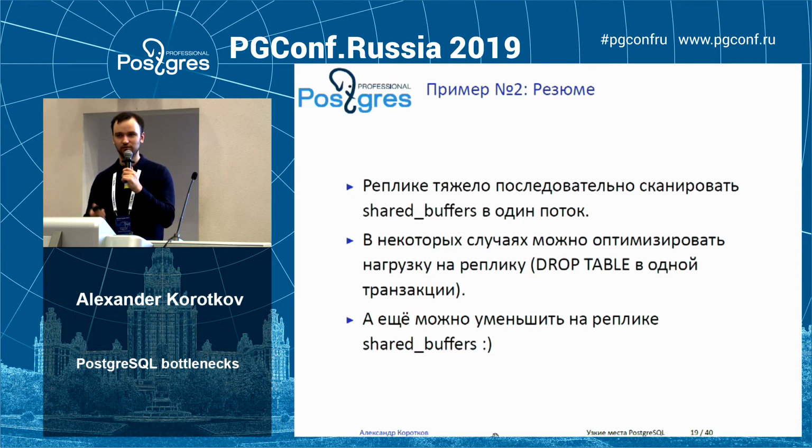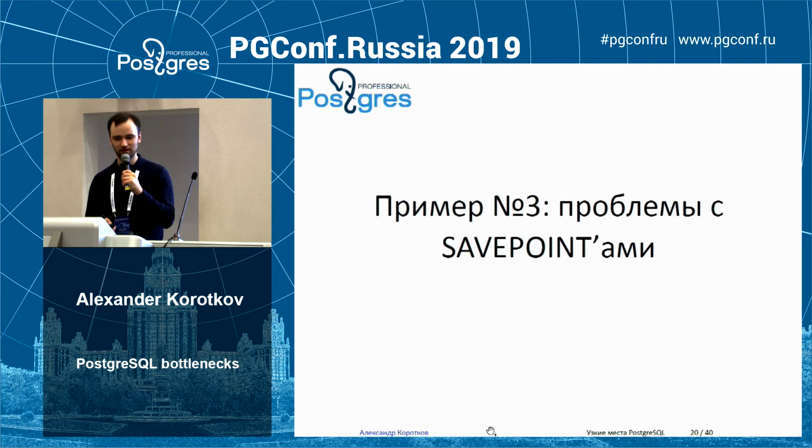The summary is simple. Postgres finds it quite difficult to scan shared buffers sequentially on replicas. We do it in one thread. Fortunately, we have some cases when we can optimize it. And in practice, DBAs are making shared buffers smaller on the replica, and the replica is able to take it.